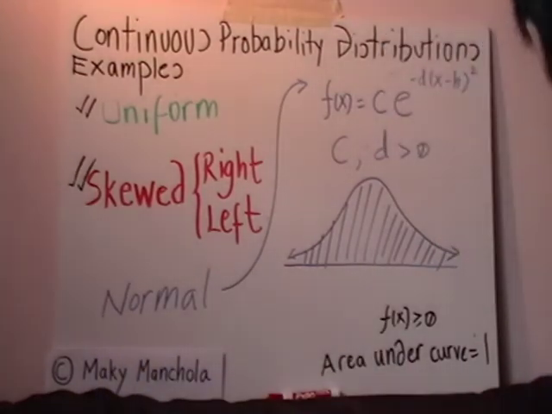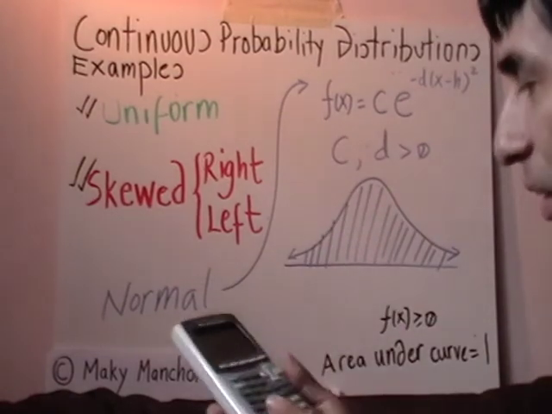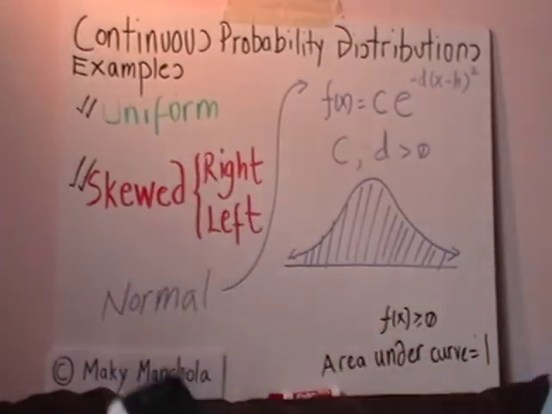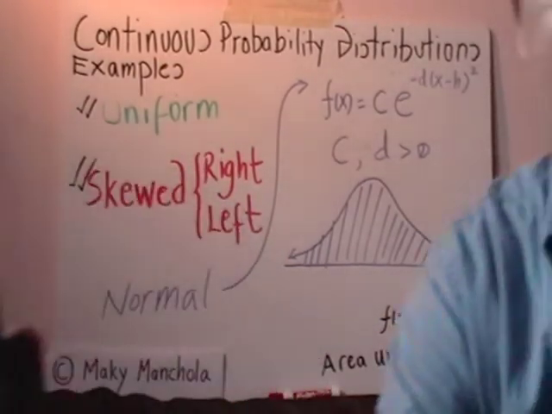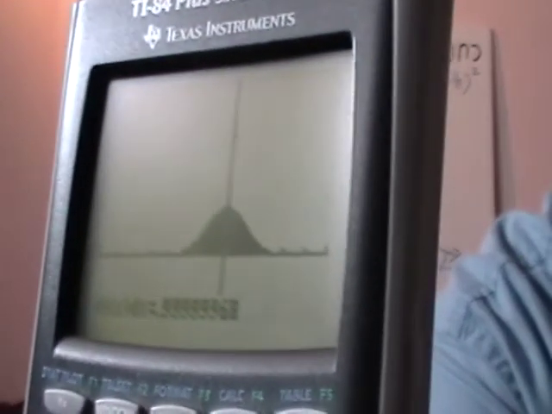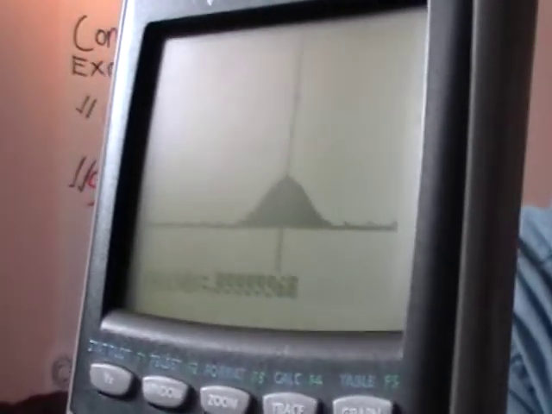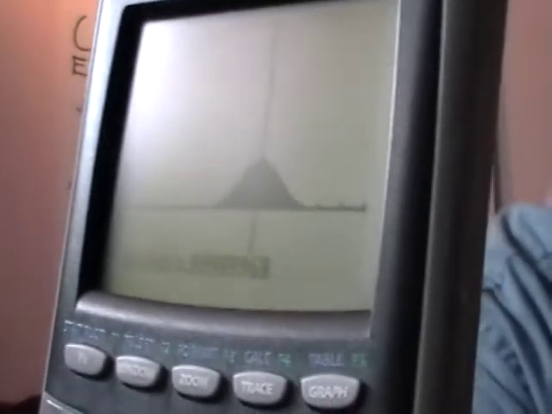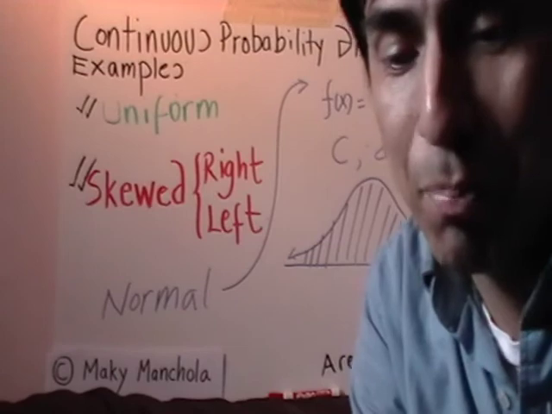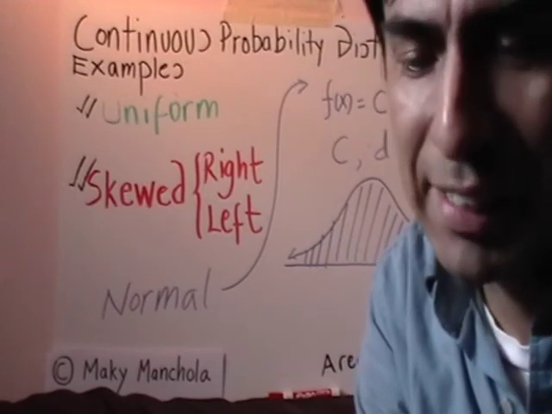Now before I conclude, I will show you that even calculators are capable of analyzing a function like that. I earlier asked my calculator to graph a normal distribution function and calculate the area under the curve. I don't know if you can see it on the screen, but it came up with 0.999999968.